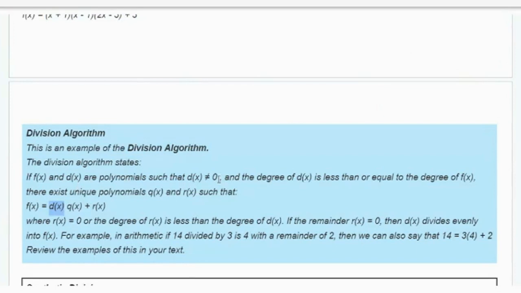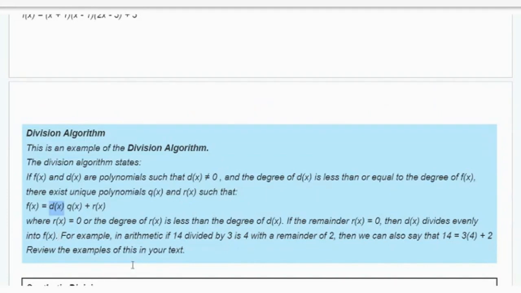You're not dividing by 0. And the degree of d of x is less than or equal to the degree of the function, f of x, there exist unique polynomials q of x and r of x such that the function equals the divisor times the quotient plus the remainder. Where the remainder equals 0 or the degree of r of x is less than the degree of d of x. If the remainder equals 0, then d of x divides evenly into f of x.